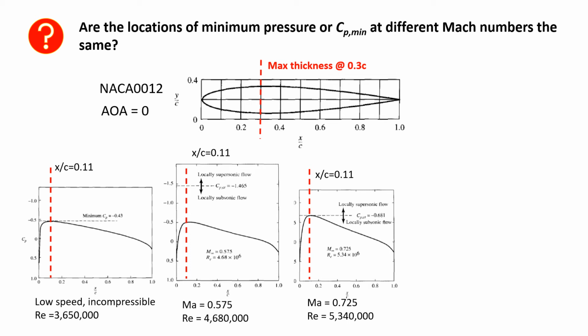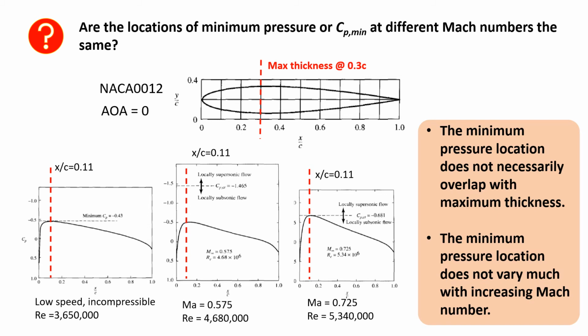And you can see for all three cases, the minimum pressure always happens at 11% of the chord. So this demonstrates that the minimum pressure location doesn't vary much with the Mach number.